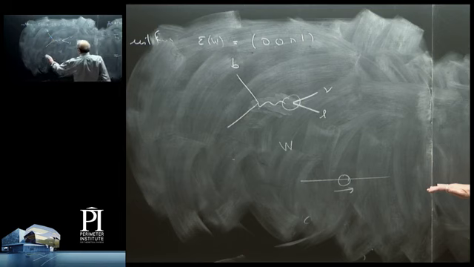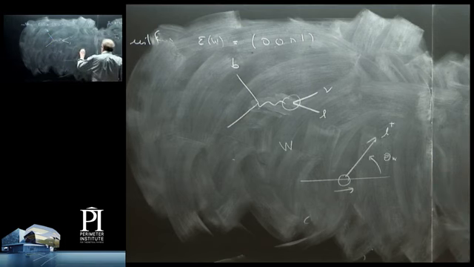The W is going in this direction. I want to pick my axis going along the W momentum, and I want to look at the direction of the lepton with respect to the W momentum in the W rest frame. That basically diagnoses the helicity of the W.